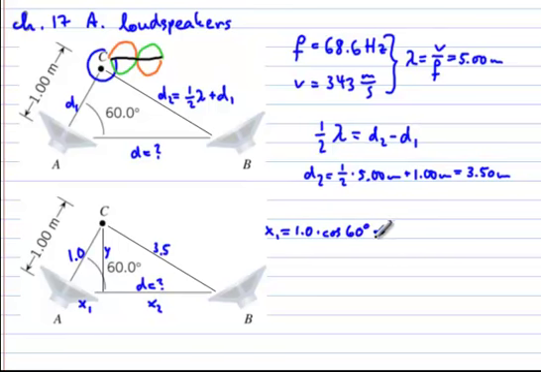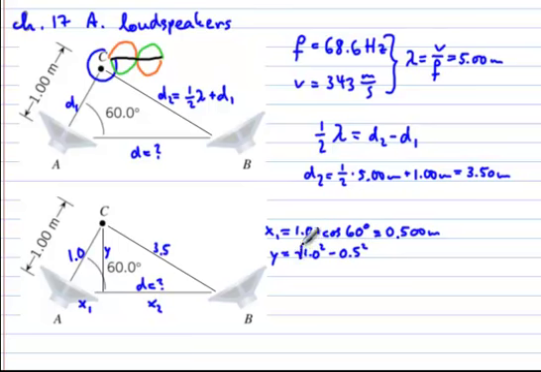Cosine of 60 degrees is exactly 1/2, so I'm going to come up with 0.500 meters. Of course, 1/2 times 1.0. I have to figure out what the y is, and for that I use the Pythagorean theorem, where I have 1.0 squared minus 0.5 squared.